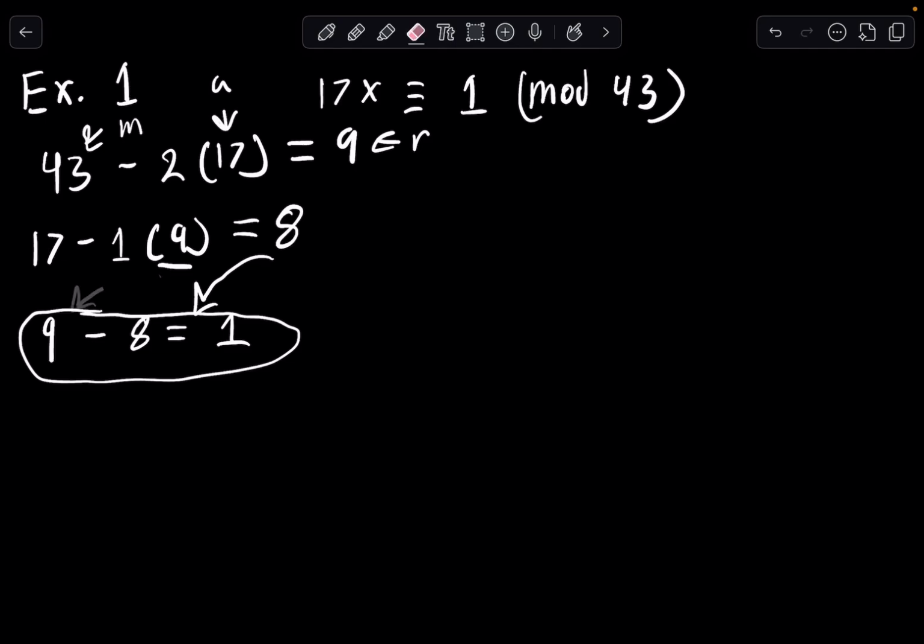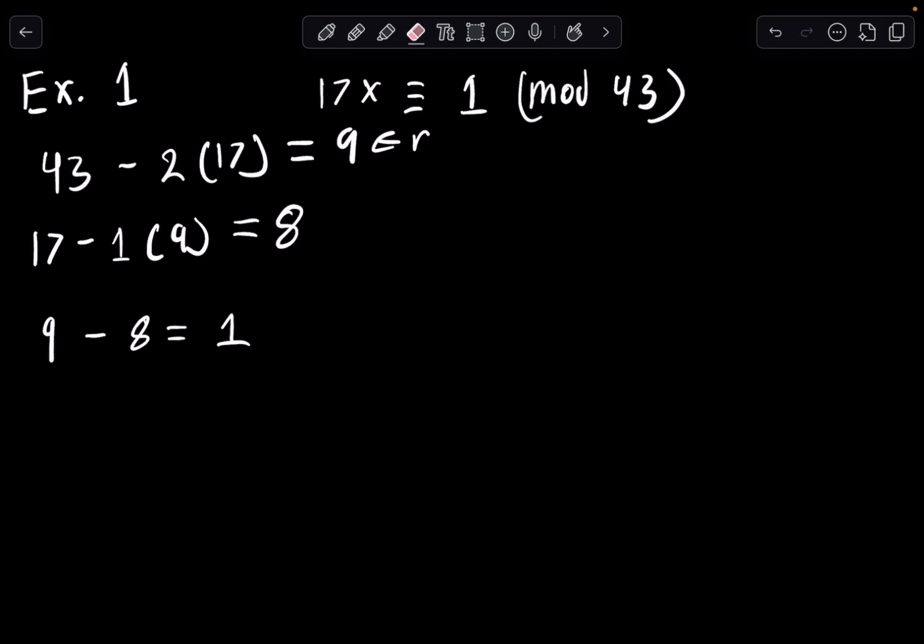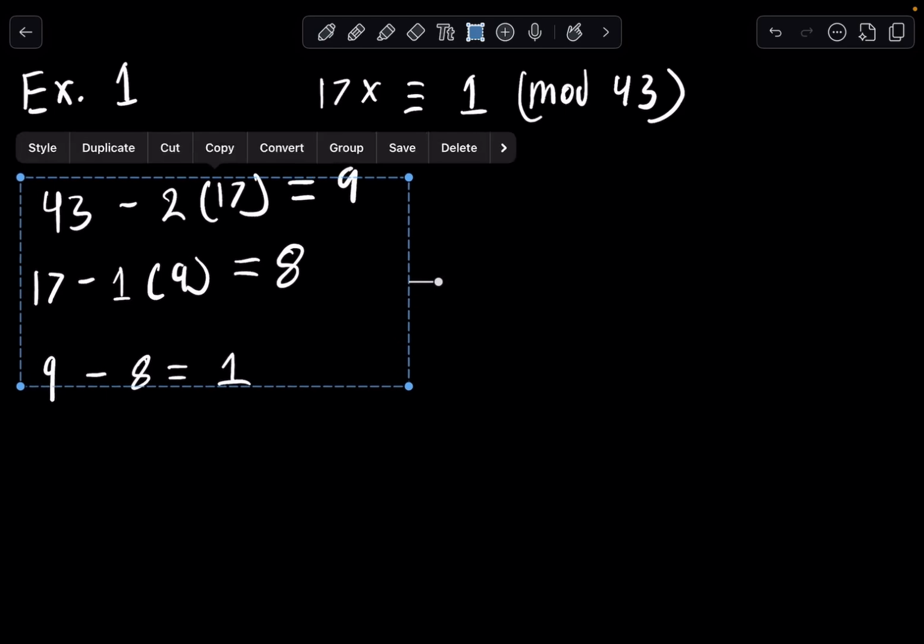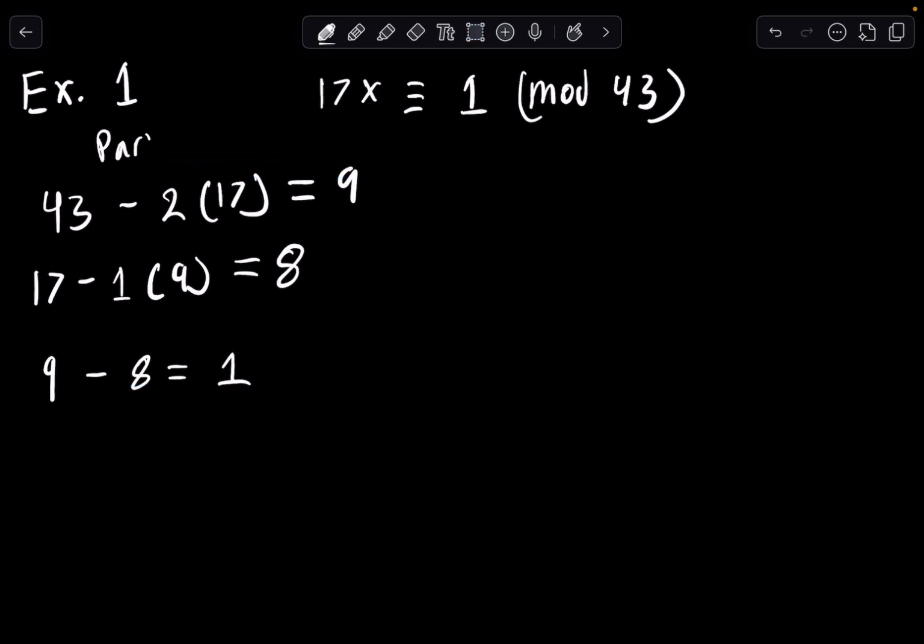Now I'm going to erase these parts here just to make this cleaner to look at. Now we need to go in reverse, because we're on to part 2. Part 1, part 2. Okay, now we need to go in reverse. So we're going to have 1 equals 9 minus 8.